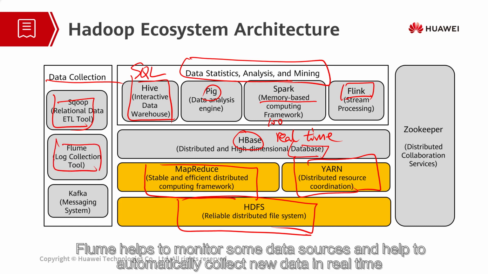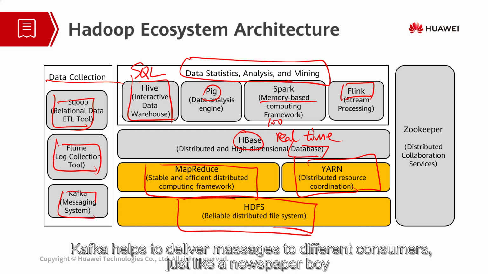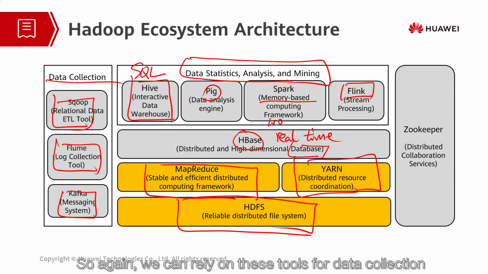And Flume helps to monitor some data sources and automatically collect new data in real time. Kafka helps to deliver messages to different consumers, just like a newspaper boy. So again, we can rely on these tools for data collection.